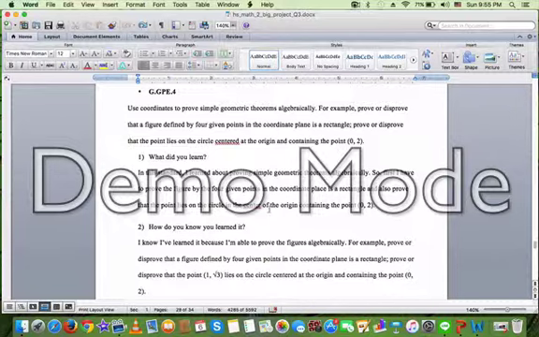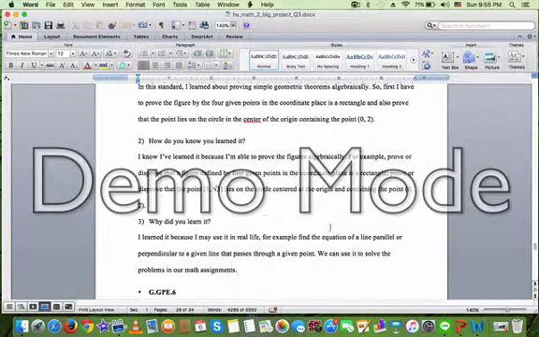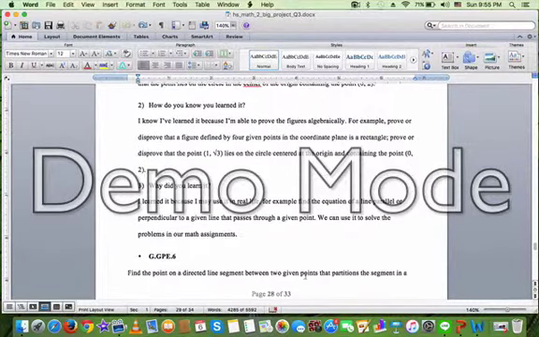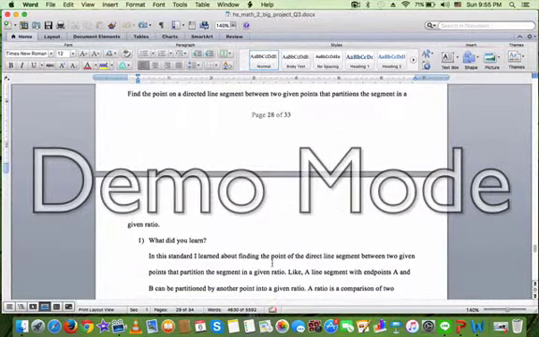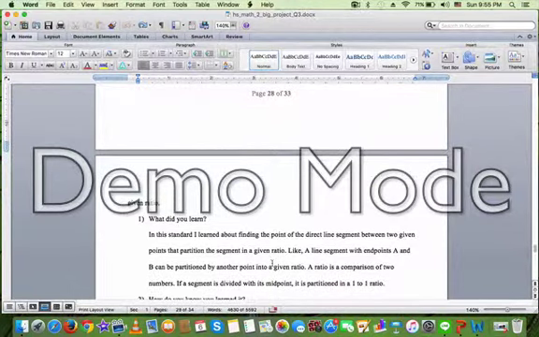So for example, I have to prove the figure by 4 given points in the coordinates. I can prove or disprove that the figure is, like, whether the point lies on the center of the circle.